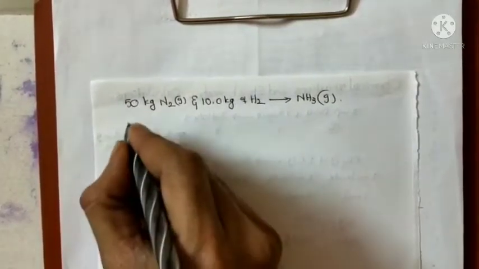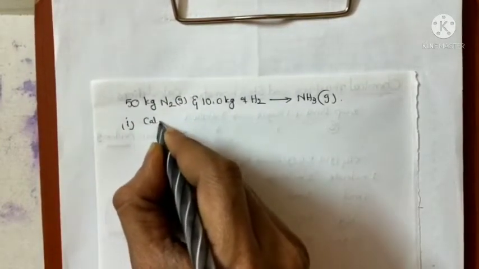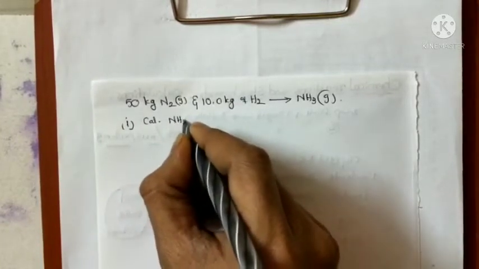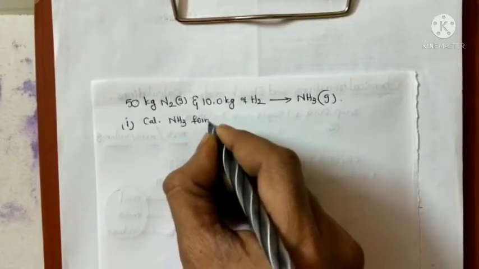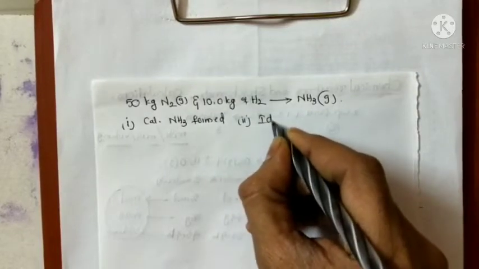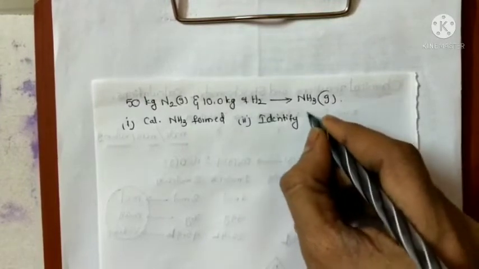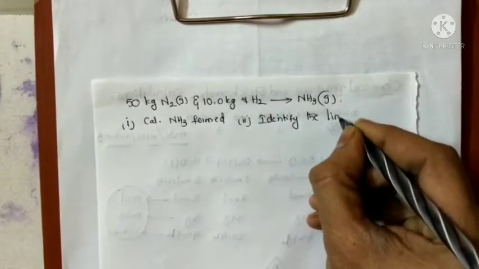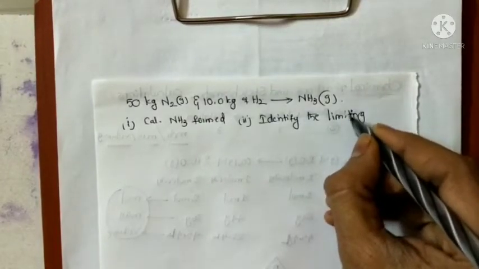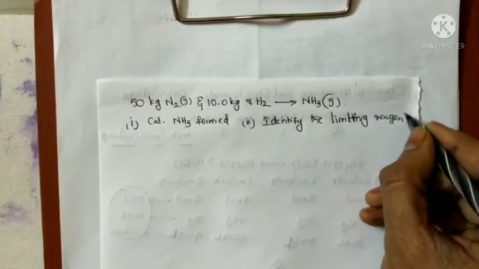Now here, first calculate the amount of NH3, and the second one is to identify the limiting reagent or reactant.